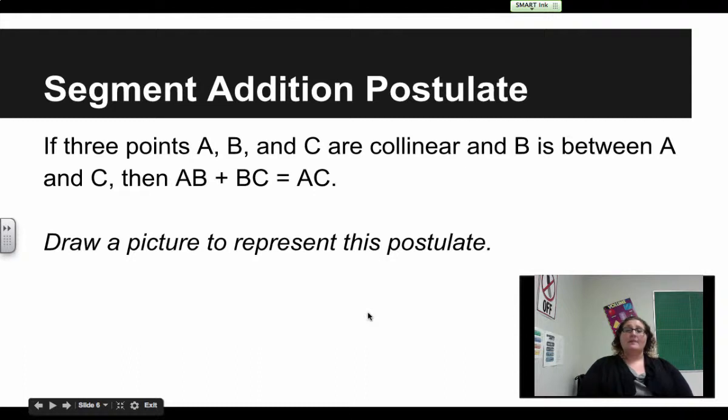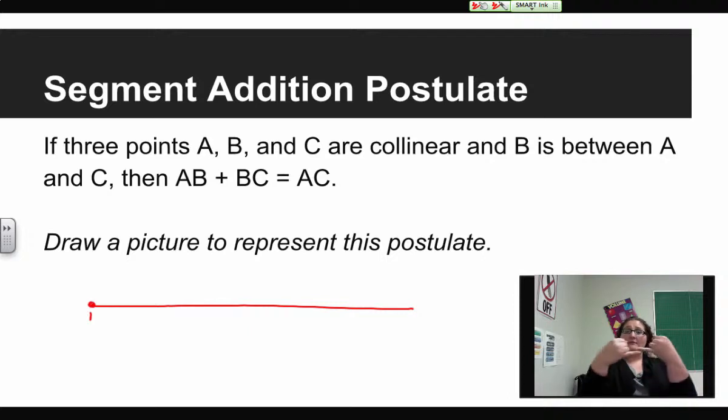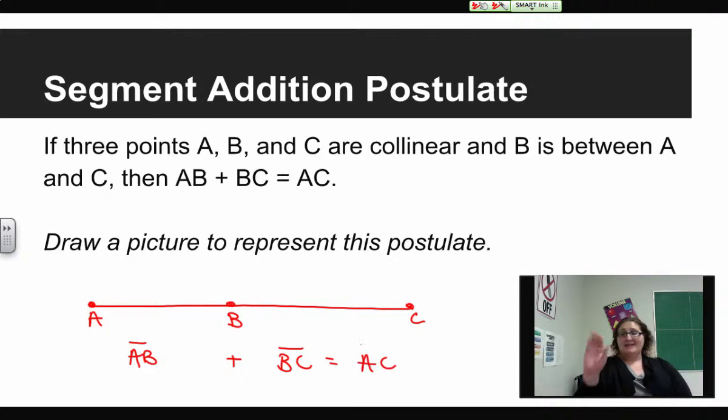Segment addition postulate. If three points A, B, and C are collinear, and B is between A and C, then AB plus BC is equal to AC. To draw a picture, if I have three collinear points, here's A, and B is between A and C. That means segment AB plus segment BC is equal to AC.